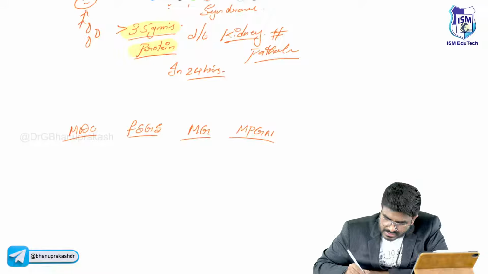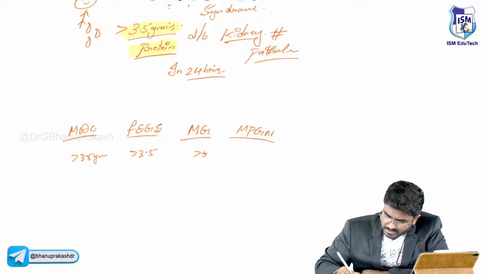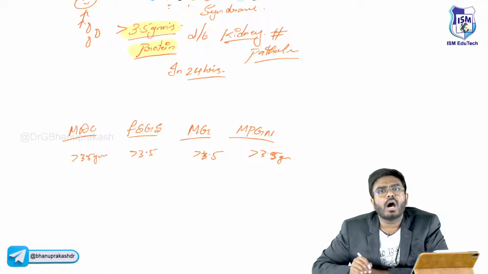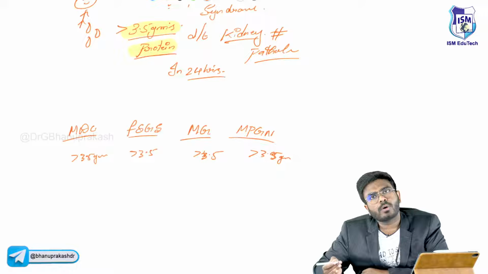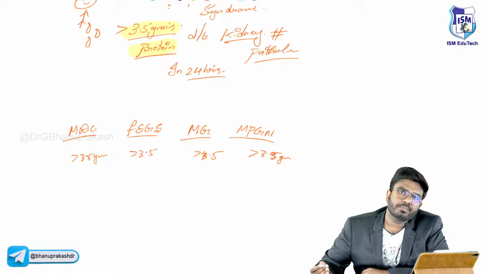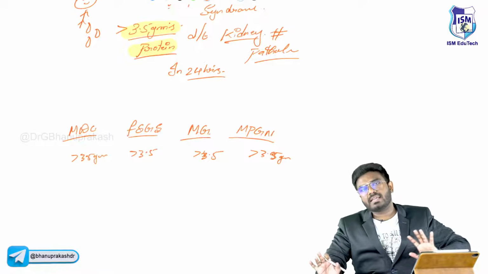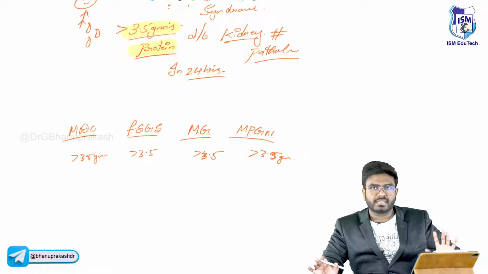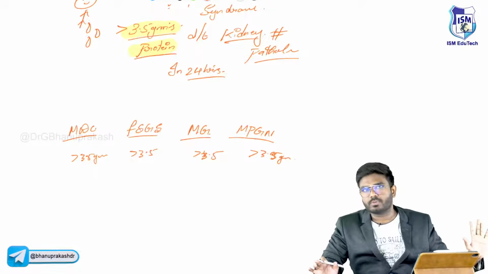In all these diseases, one thing is common: more than 3.5 grams of protein loss is going to be seen. So all of them will cause nephrotic syndrome. All of them are examples of nephrotic syndrome. Nephrotic syndrome basically means loss of protein more than 3.5 grams. That's it. Done.